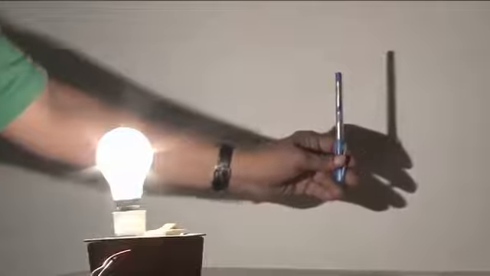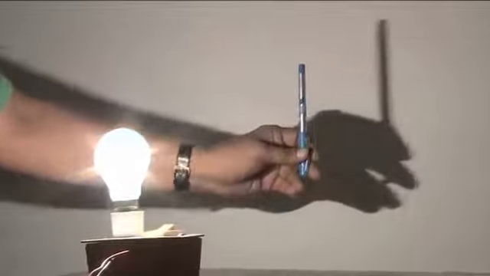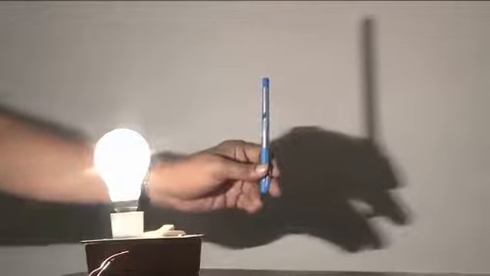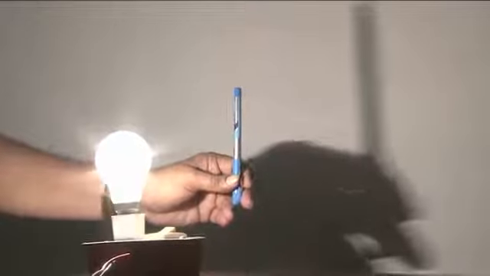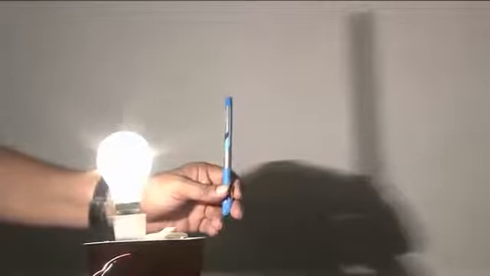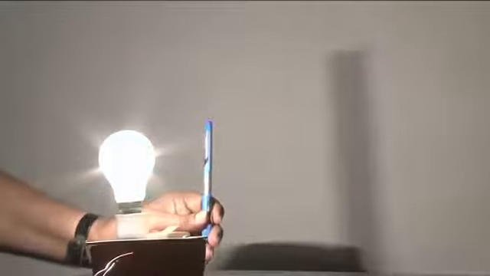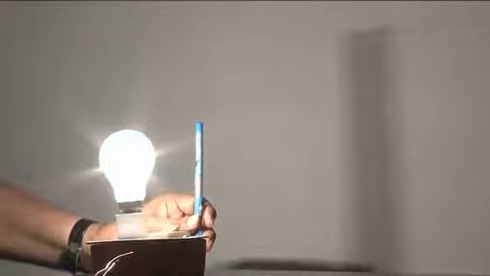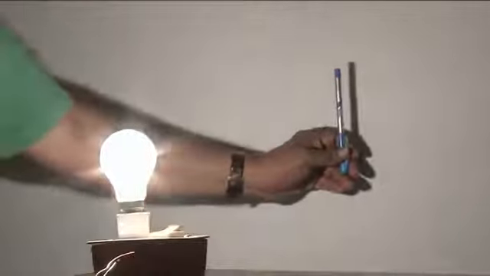I am increasing the distance of pen from the wall and see how the sharpness is changing. It is quite diffused now, very diffused. If I go close to the wall, it is quite sharp, rectangular.